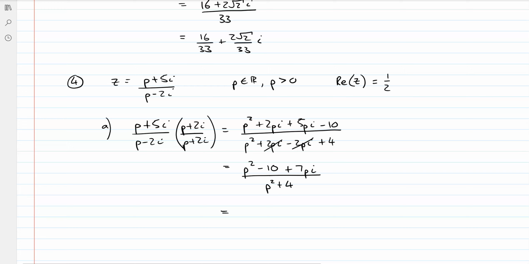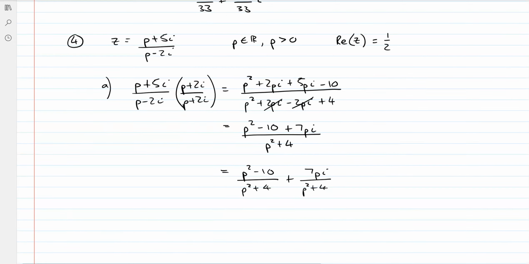Okay, so still not particularly pretty, but there's my real bit over the denominator, and there's my imaginary bit over the denominator. Remember, I can always split it over the denominator like that. Separate the numerators out. Oops, sorry, it should be a plus. Okay, so then I've got my real part here, and I've got my imaginary part in front of the i here.